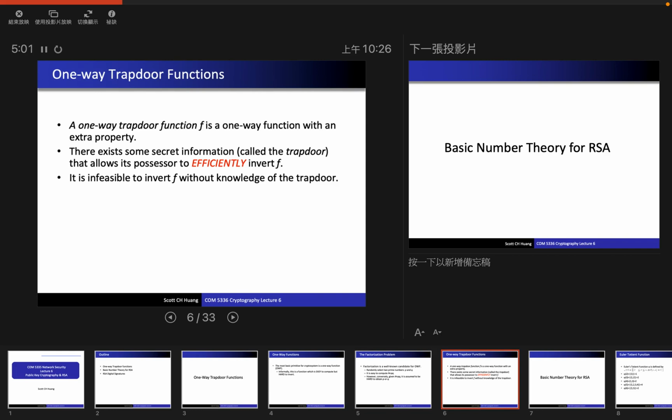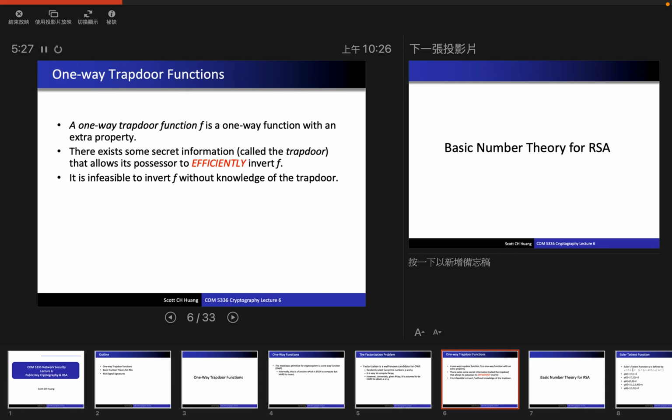This is one example. A one-way trapdoor function is a one-way function with a trapdoor. So what's a trapdoor? A trapdoor is a piece of secret information. With that information, it's easy to invert. Without that piece of information, it's extremely difficult to invert.